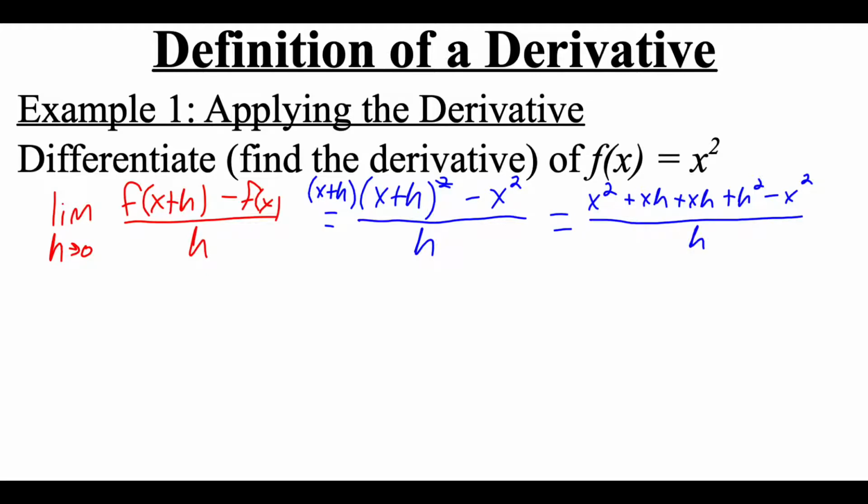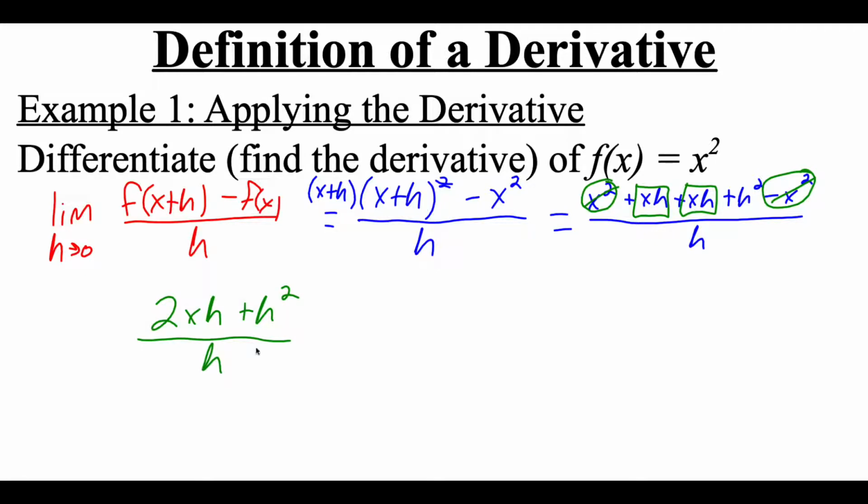Now I'm looking for like terms that I can combine and maybe some things to cancel out. So what I notice is that I have this x squared in the front and a minus x squared on the back end. Those are going to cancel each other out. I have an xh, and then we're adding another xh. So I can combine those to get 2xh plus h squared all over h.